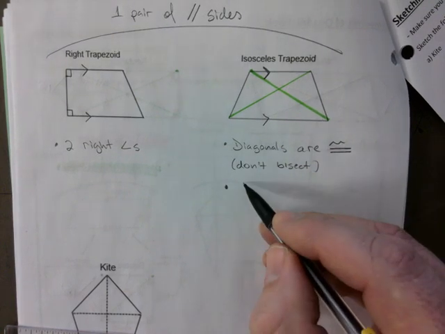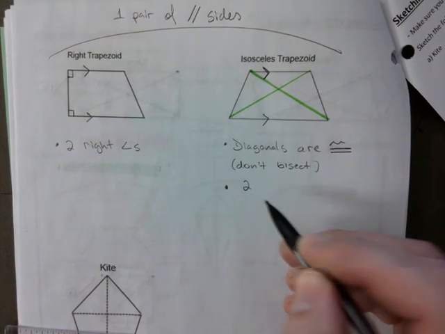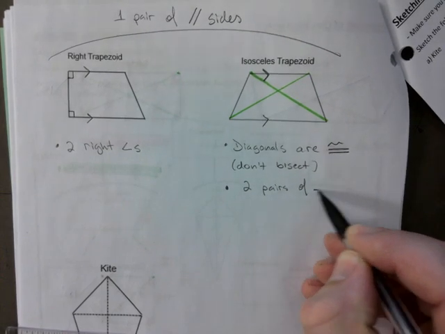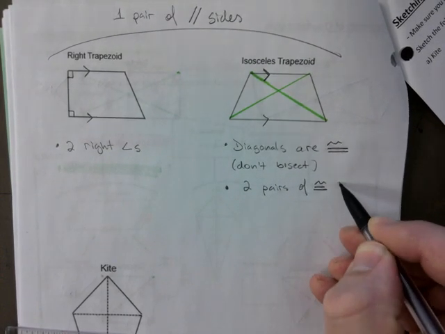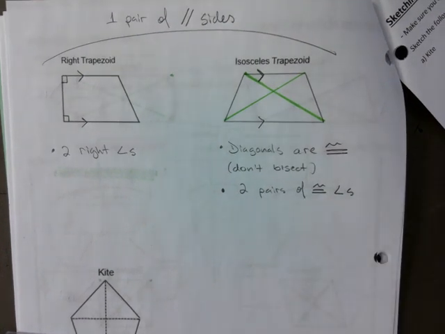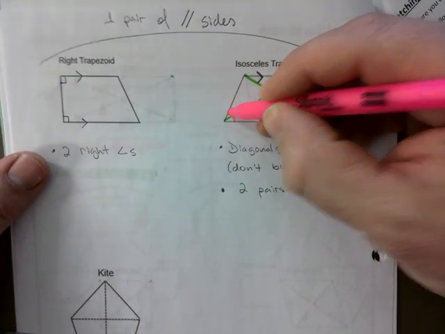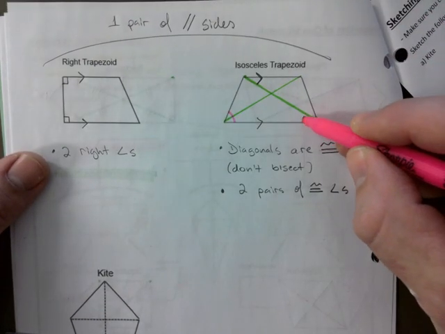They have, however, two pairs of congruent angles. Two pairs of congruent angles, and here they are. This one down here is going to be the same as this one here.